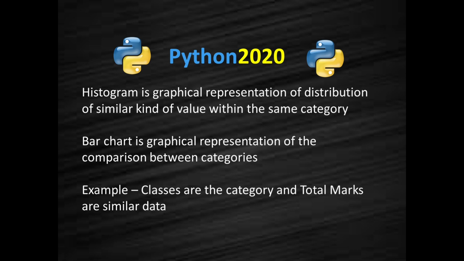Student A can have 520 marks, student B also can have 520 marks, and there might be 10 students which have the same marks. So if you want to show the distribution of marks for students, then you should use a histogram. If you want to show different classes and the count of students, then you can use a bar chart. Okay, so let's move on.